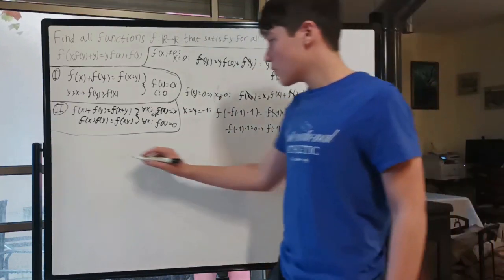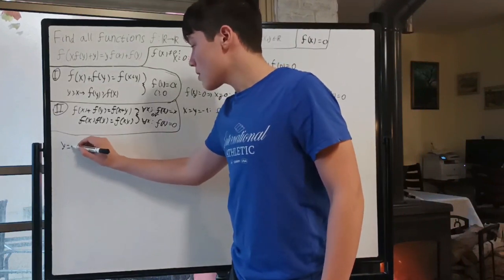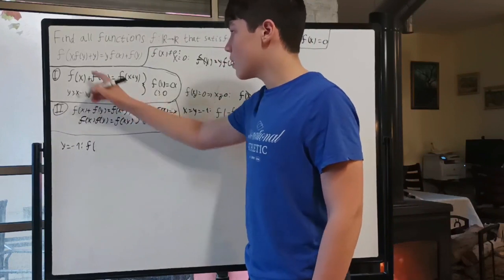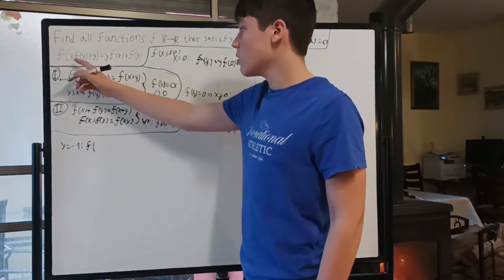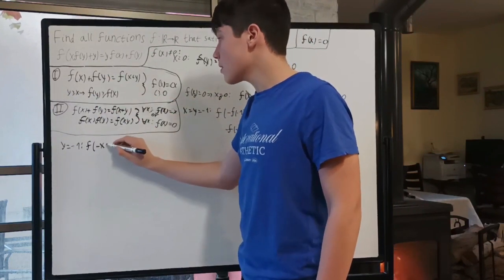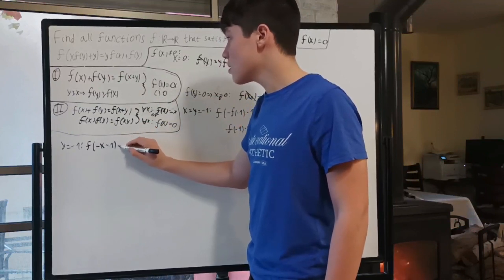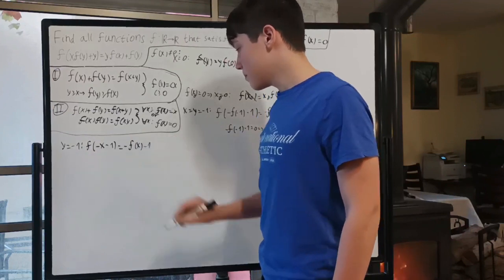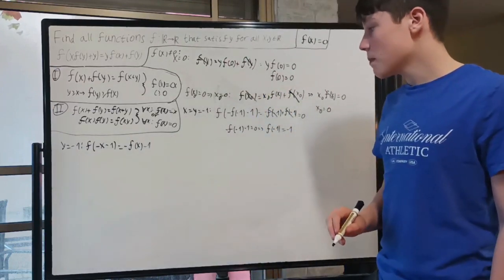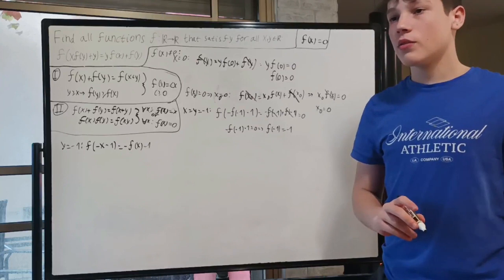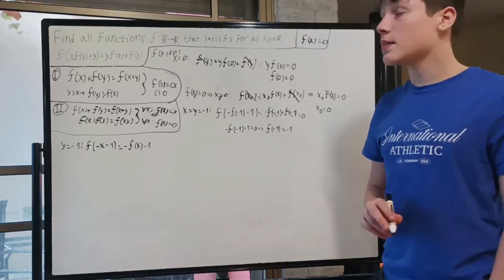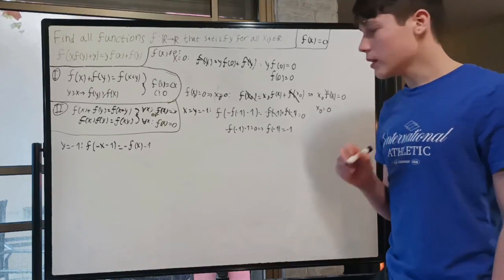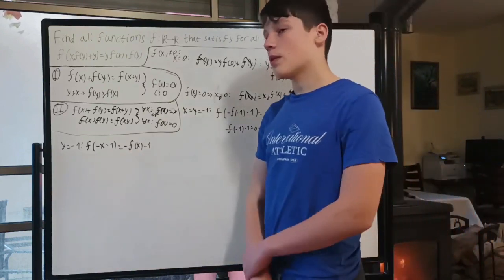So, if we substitute in y is equal to -1, we get f of -1 is -1, so times x we get -x, then minus 1, that's negative f of x, minus 1. Okay, that's useful. So that means if I have the value of the function at some value x, then I have the function's value at -x minus 1.